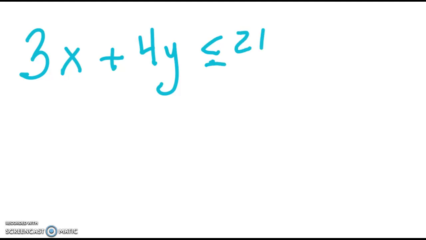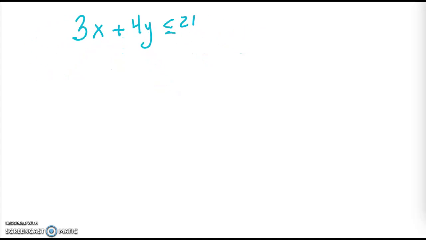Not sure why that's zoomed in. Let me try to zoom out. And then the next one was 2x plus y is less than or equal to 12.